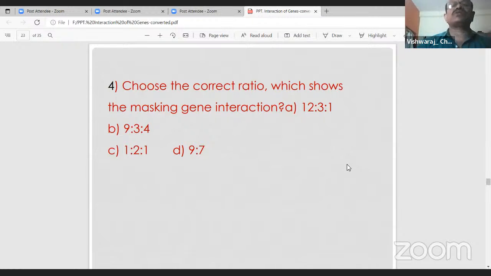Choose the correct ratio which shows masking gene interaction. A option 12:3:1, B option 9:3:4, C option 1:2:1, and D option 9:7.